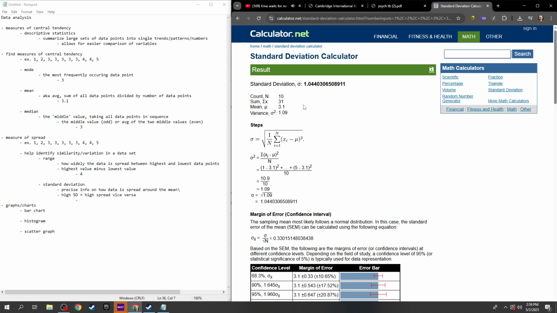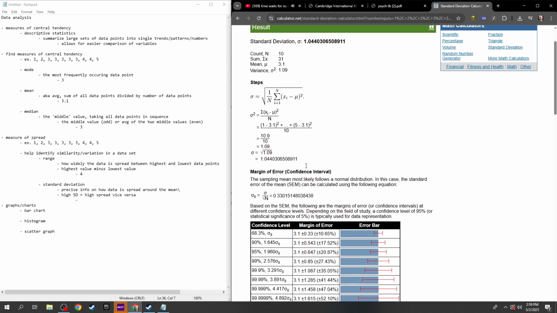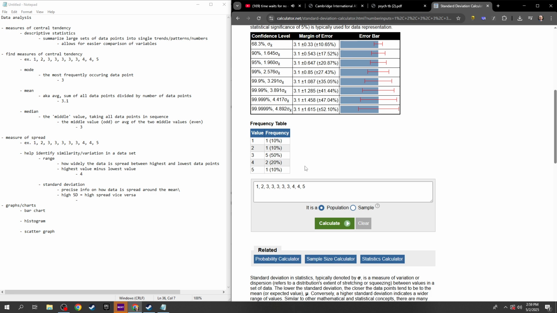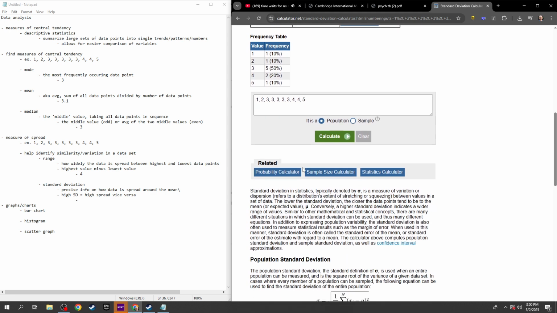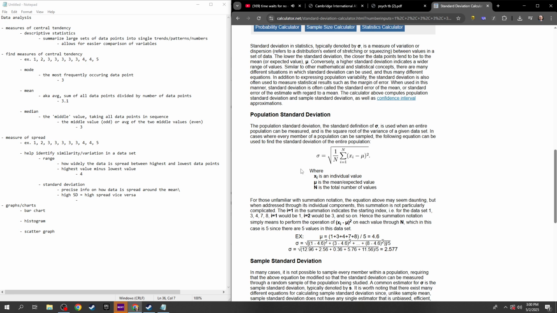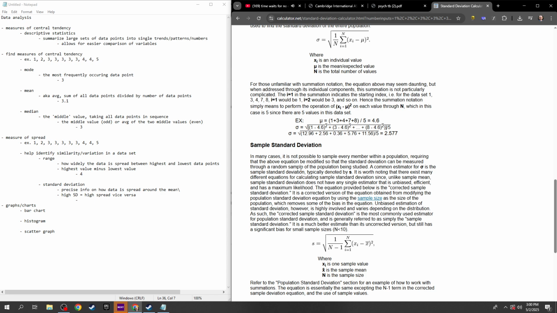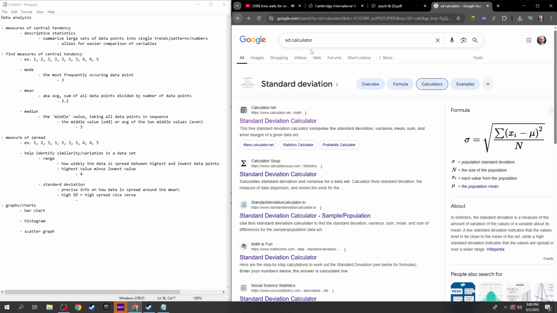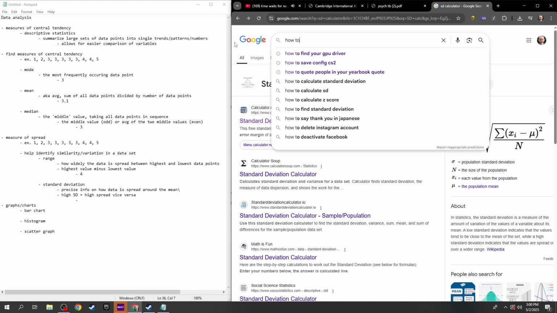Our standard deviation is 1.04. I think that's low. Wait, I don't know how to interpret.